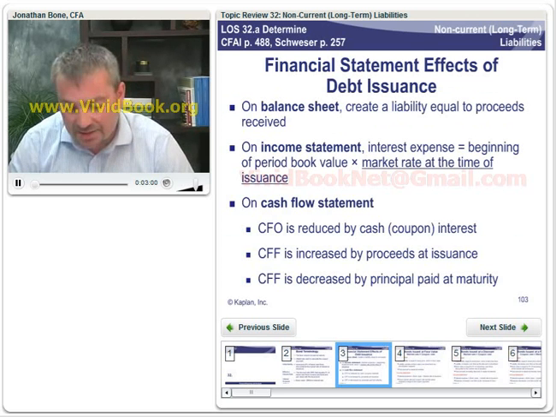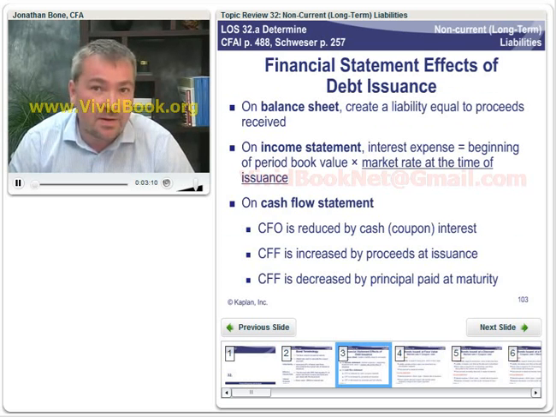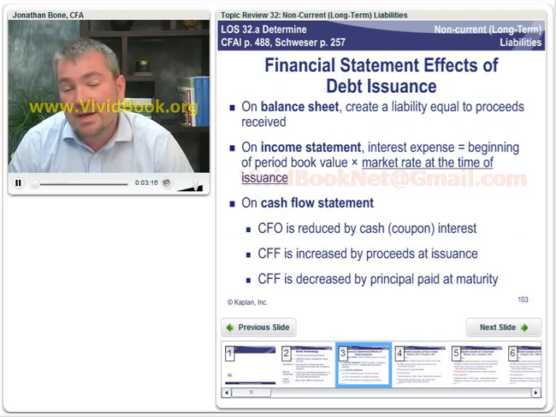Again, true under US GAAP. I would rather you learn that it's the opening liability value each period times the effective interest rate. Now remember, the effective interest rate would be the market rate for US GAAP, but the effective interest rate is likely to be higher under IFRS if issuance costs are included.